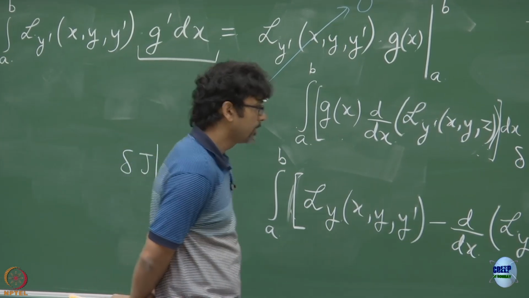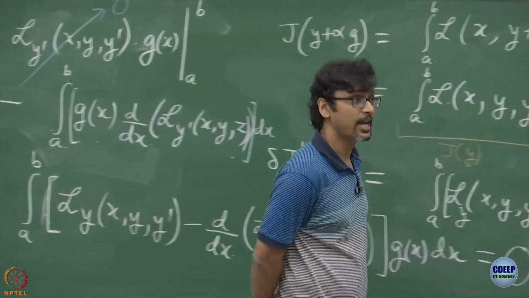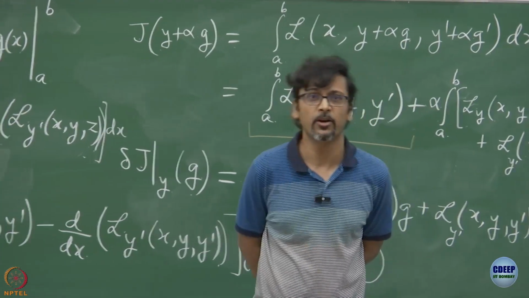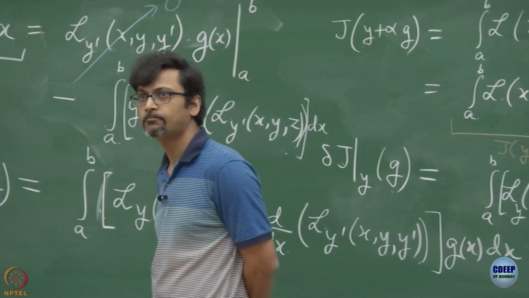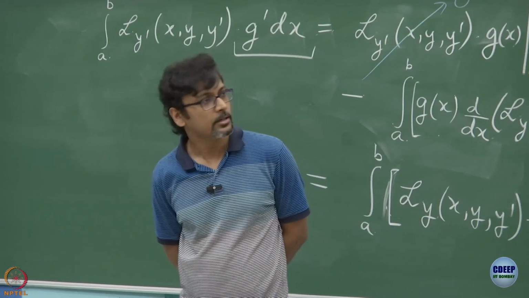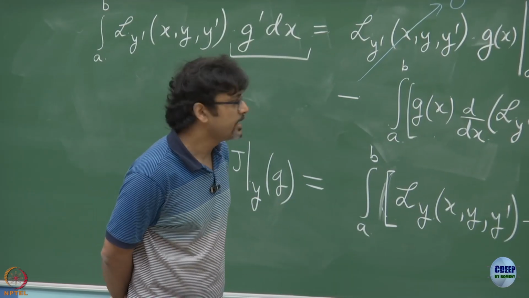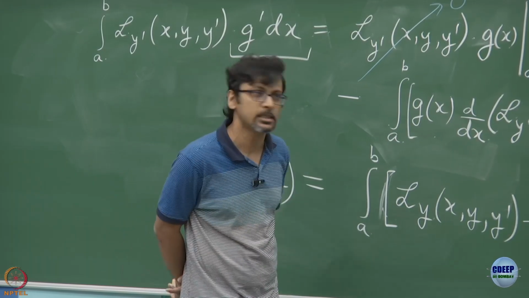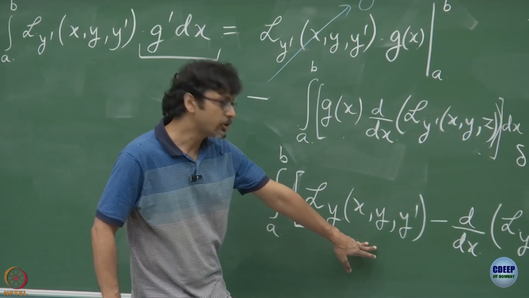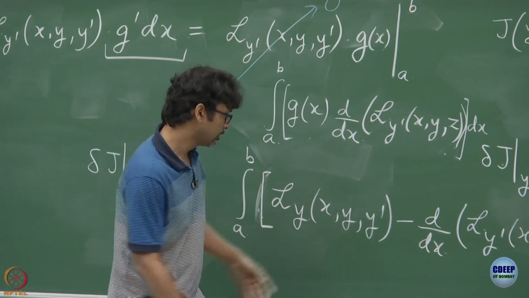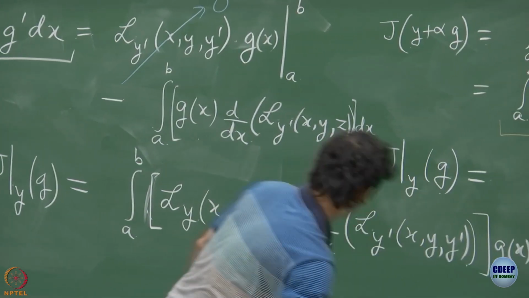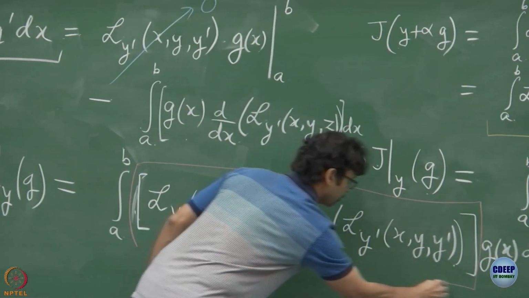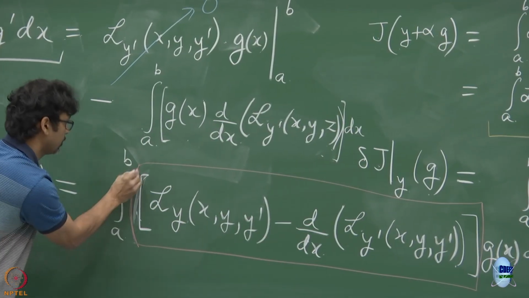But here's the final piece in the puzzle. This has to be true for all possible continuously differentiable functions g. And just entertaining a little bit of wishful thinking, it would be really nice if this essentially boiled down to the condition that this part within the box bracket were forced to be 0.